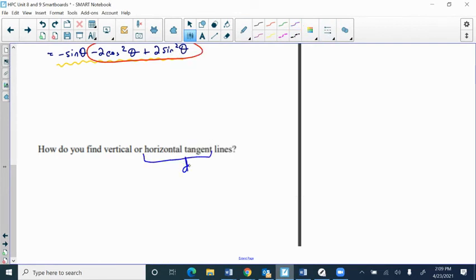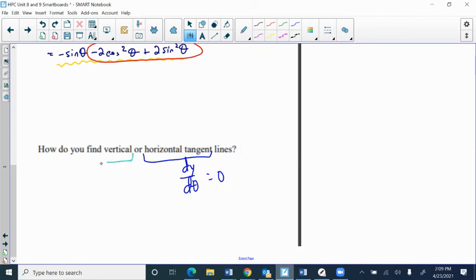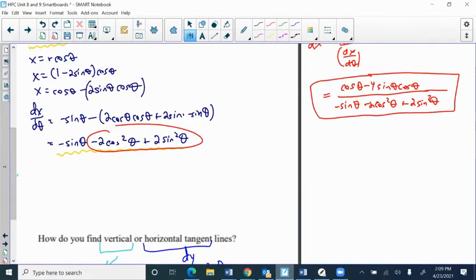You just set dy/d theta equal to 0. Similarly, if you're trying to find a vertical tangent line, that would be when your derivative is undefined. Since dx/d theta is in the denominator, we would set that equal to 0 and solve. For our example, that's pretty challenging, because setting that equal to 0 would definitely involve using a calculator to find those points of intersection.